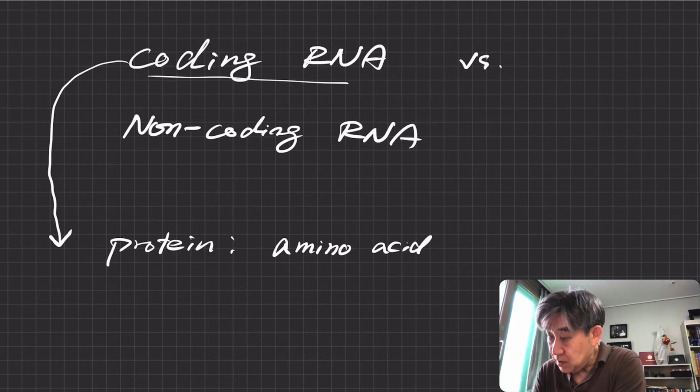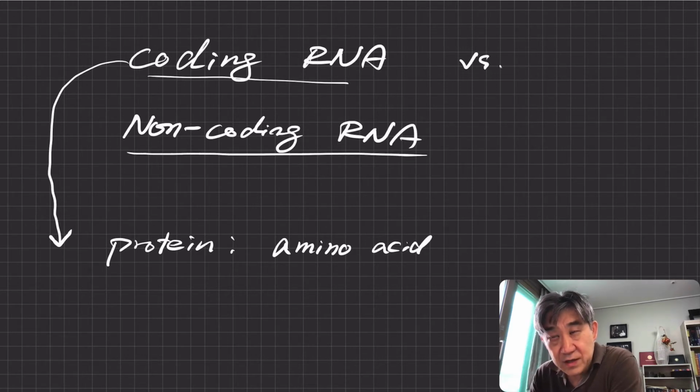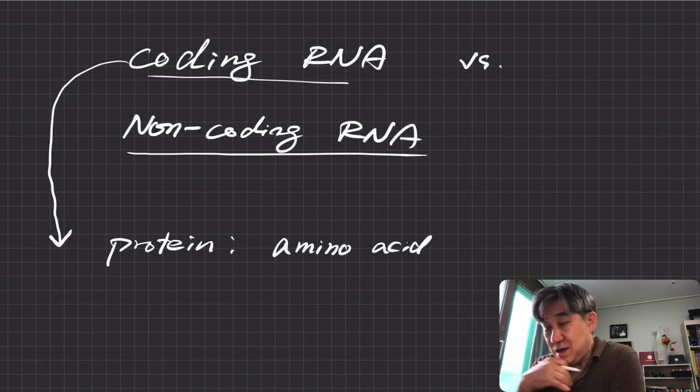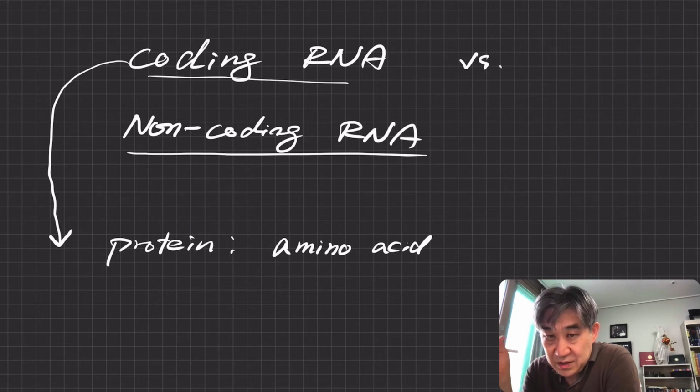So those RNA sequences that are used in signifying each amino acid in protein building are coding RNA. On the other hand, non-coding RNAs are those RNAs whose sequences have no corresponding amino acid sequence, so they are not used directly in the protein building process.